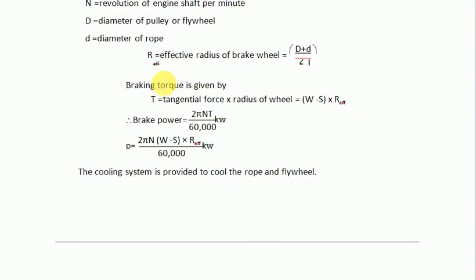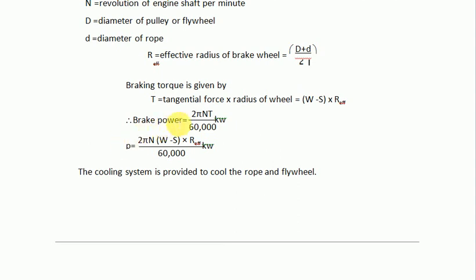So you can see here, this is the formula. I told you that the effective radius in order to calculate the torque will be (D + d)/2, that is the diameter of the drum plus the diameter of the rope, divided by 2. Braking torque is given by T is equal to the tangential force into the radius of the wheel, where the effective radius is taken, that is (D + d)/2.